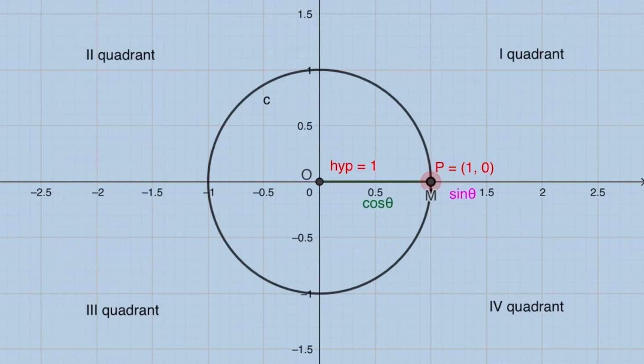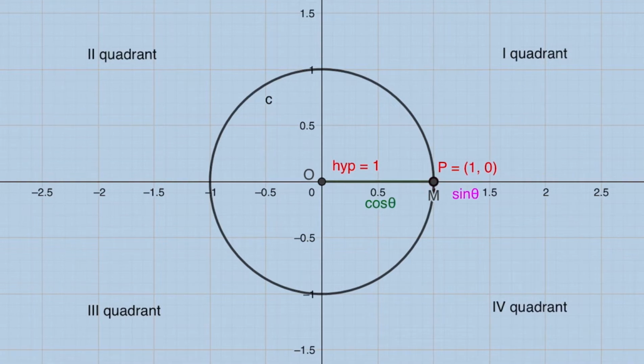Therefore, cos 0 value becomes 1 and sin 0 value becomes 0. In this case, the triangle becomes a straight line. We have only the adjacent side which becomes 1 and the opposite side becomes 0. That is how sin 0 is 0 and cos 0 value is 1.